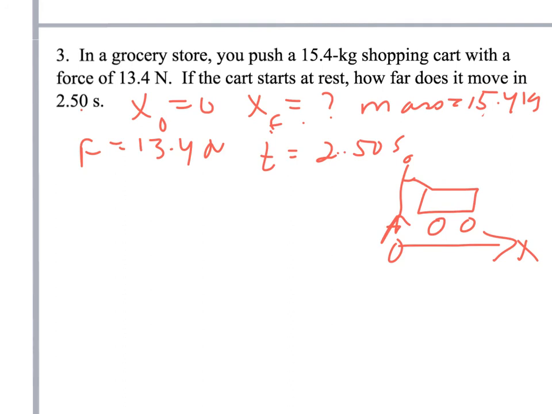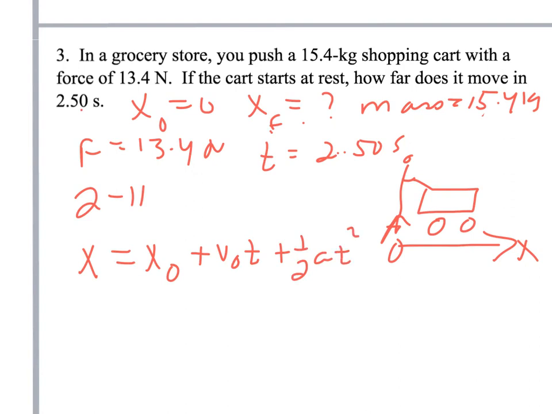The best one suited is equation 2.11, the one that has our final position equal to our initial position plus the initial velocity times time plus one half a t squared. We said that x naught is 0, but even without that, we won't drop it out of the equation. We're going to rearrange it to be x minus x naught to give us a true delta.